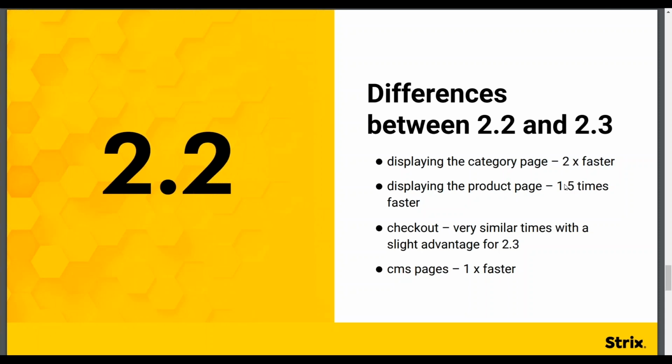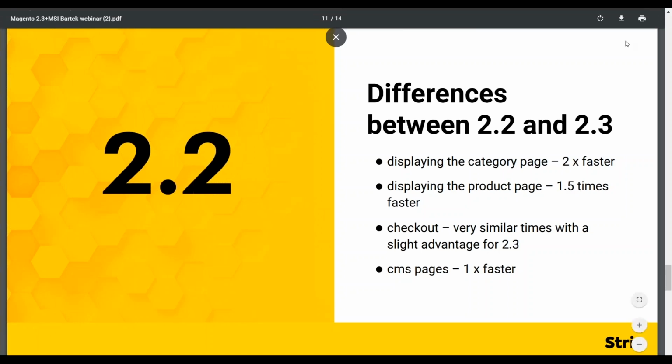And CMS pages look like they are 1 time faster in 2.2. And I have great news for performance in Magento 2.3, because yesterday we did a Gatling stress test on Polska.pl, and it looks great. It's the first project without a test that took more than 1.2 seconds.